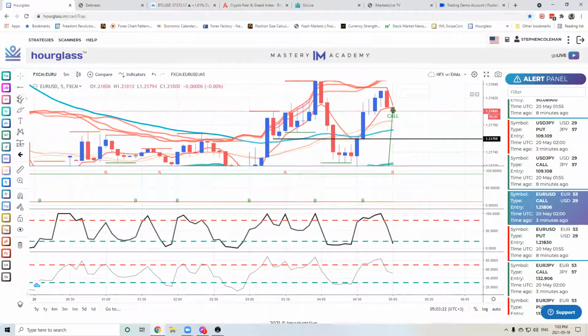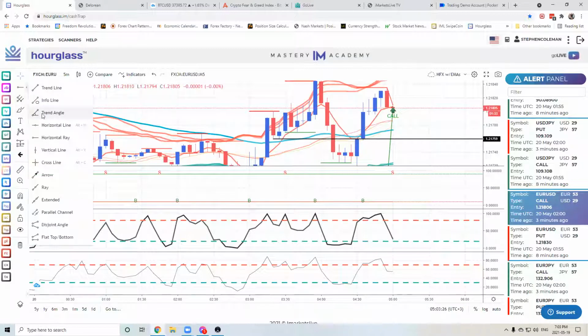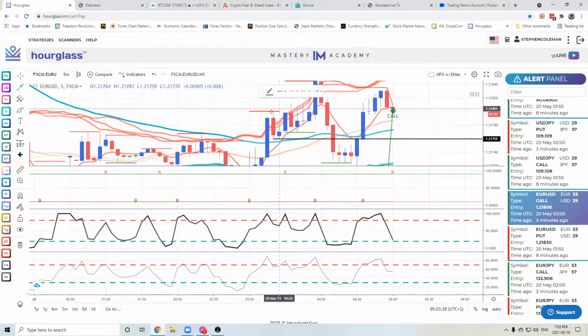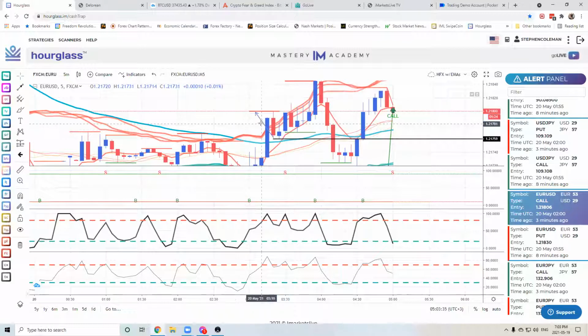So I'm going to draw your attention right now to, let's just draw a little arrow right here. Oh, that did not go well at all. Okay. Let's go this way. Okay. So you'll see this level here.